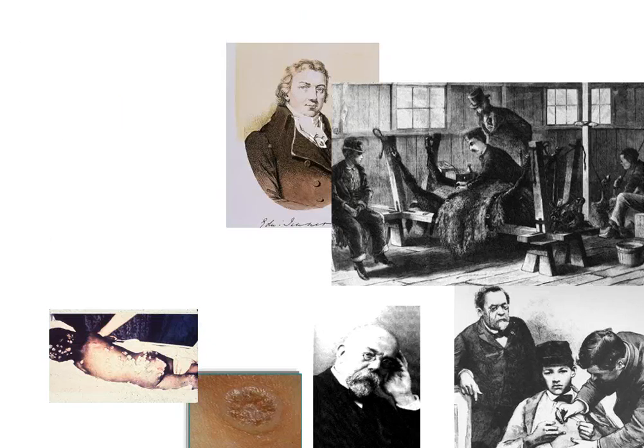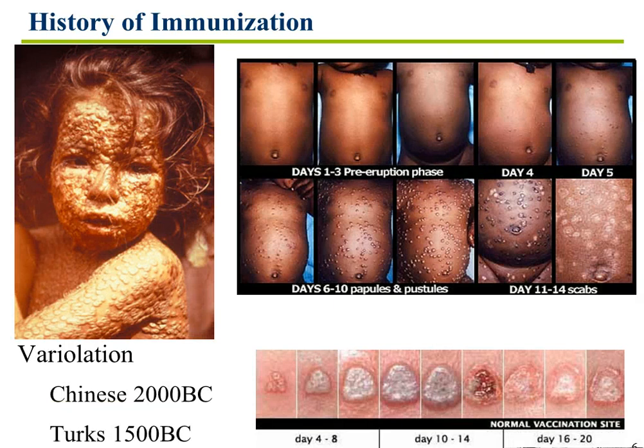And look at this right here. Again, in this case, look at the bottom. You're looking at vaccination, what the lesions look like over time. The view above is actual smallpox. But again, in both cases, you can see the lesion scars.